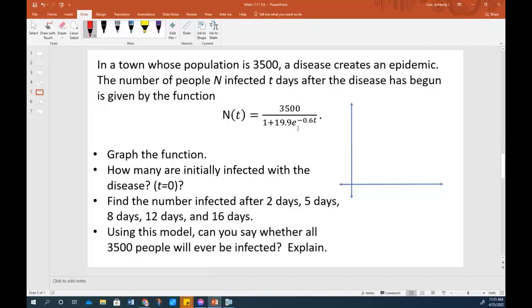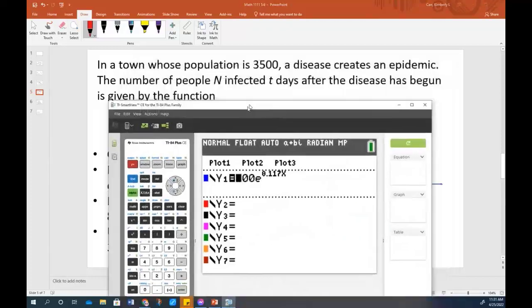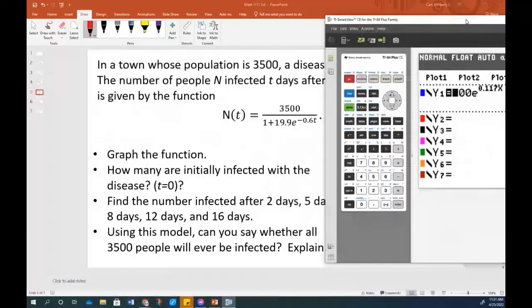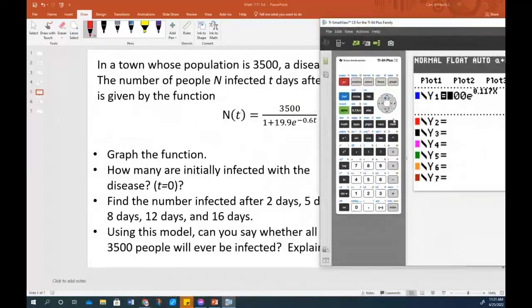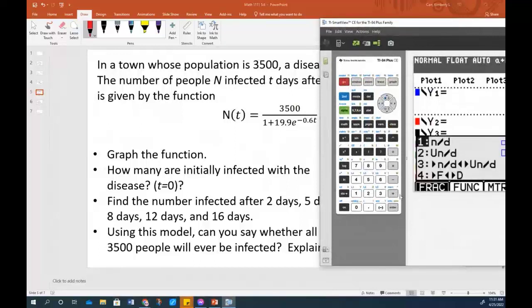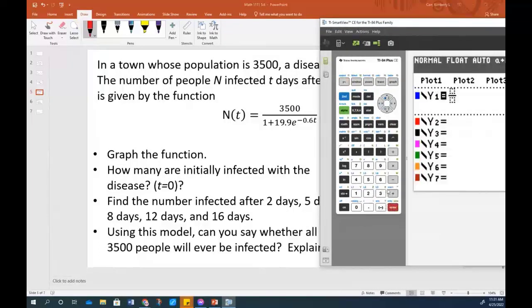So I'm going to pull up the calculator and punch this in, but I will certainly have to change my viewing window again, because this is going to go up really close to 3,500 on my y-axis. I'm going to go to y equals, let me get this over here where I can type it in and see it. So alpha y equals enter, so I can put in a fraction.